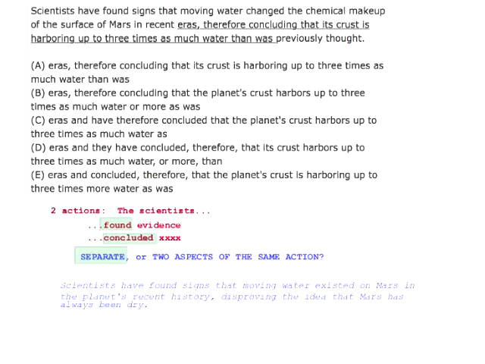This time, smiley face if you understand why this sentence would also be correct. Because this time, they're not separate things. Finding these signs actually was the disproof. If you find evidence that there was water somewhere, then by finding that evidence, you have already disproved the idea that it was a dry place.